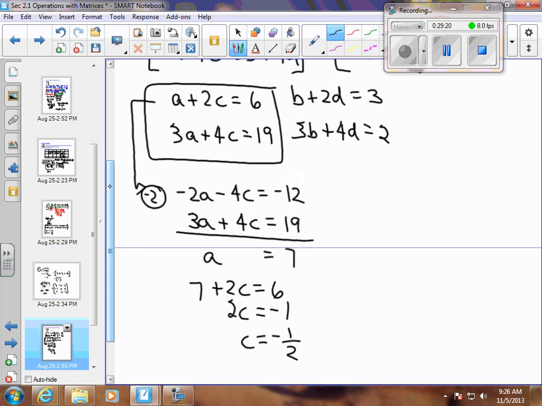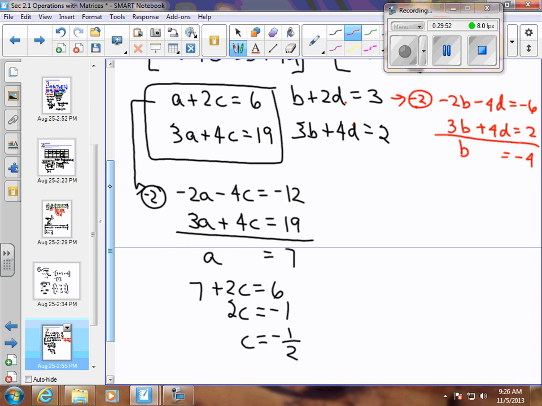Solving for B and D, I can use a similar approach. I will multiply the first row by negative 2, therefore eliminating the D's. So I have negative 2B minus 4D equals negative 6. 3B plus 4D equals 2. So B is equal to negative 4.